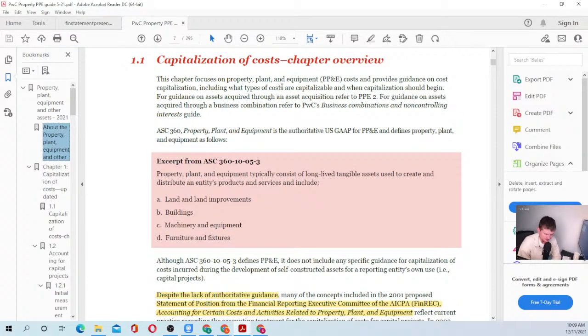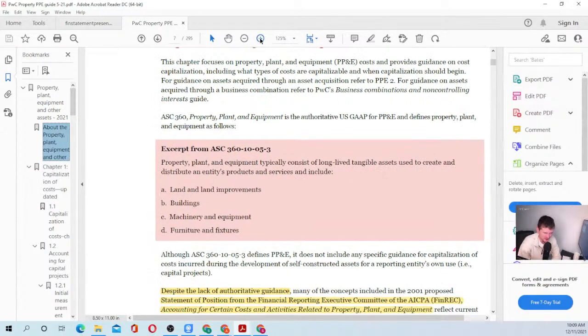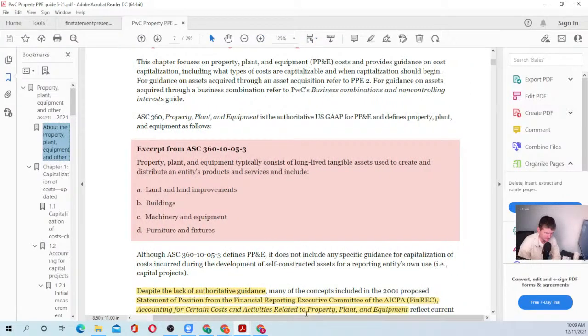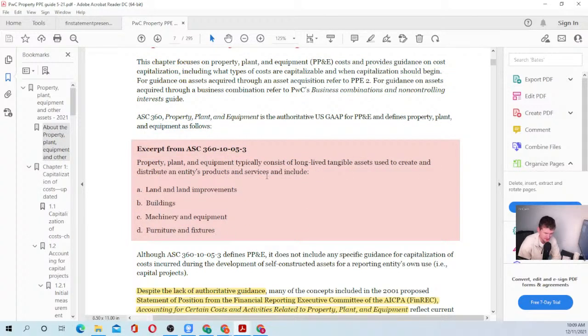So basically what we see here is property, plant, and equipment consist of long-lived assets: land and land improvements, buildings, machinery and equipment, furniture and fixtures. And usually long-lived assets means that the useful life is more than 12 months.